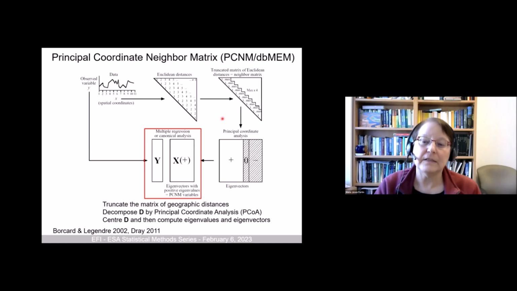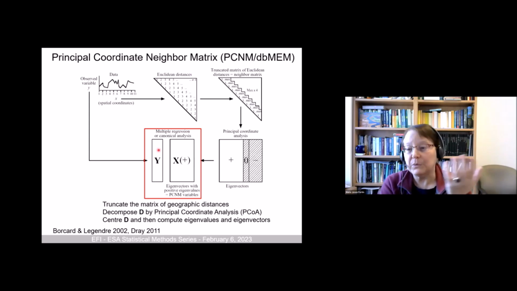So in this analysis, you keep only the positive eigenvectors, and you do a regression with your response variable. You can do a multiple regression, or you could do a redundancy analysis or some other method if you have more than one response variable.